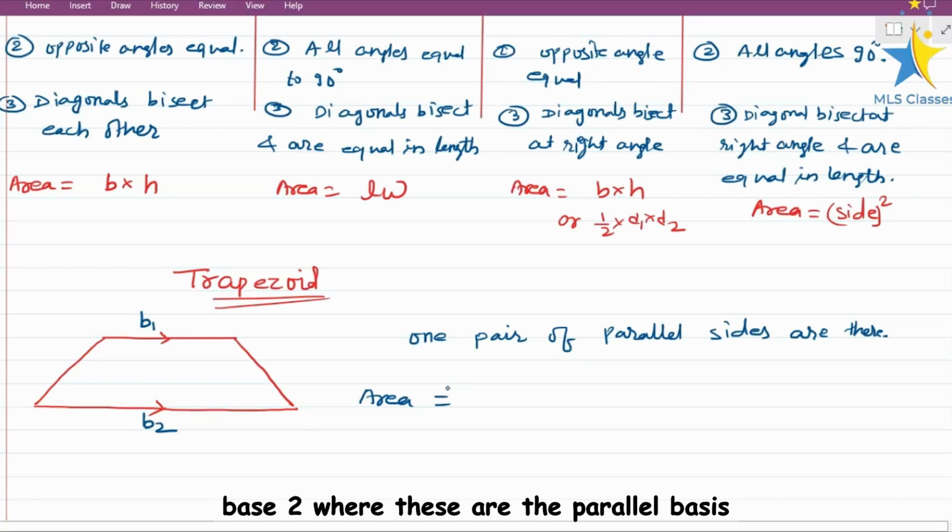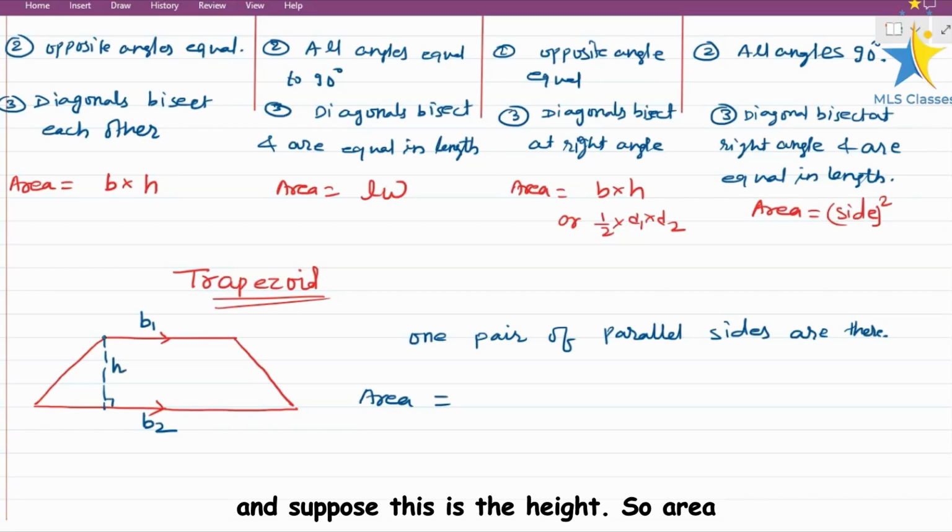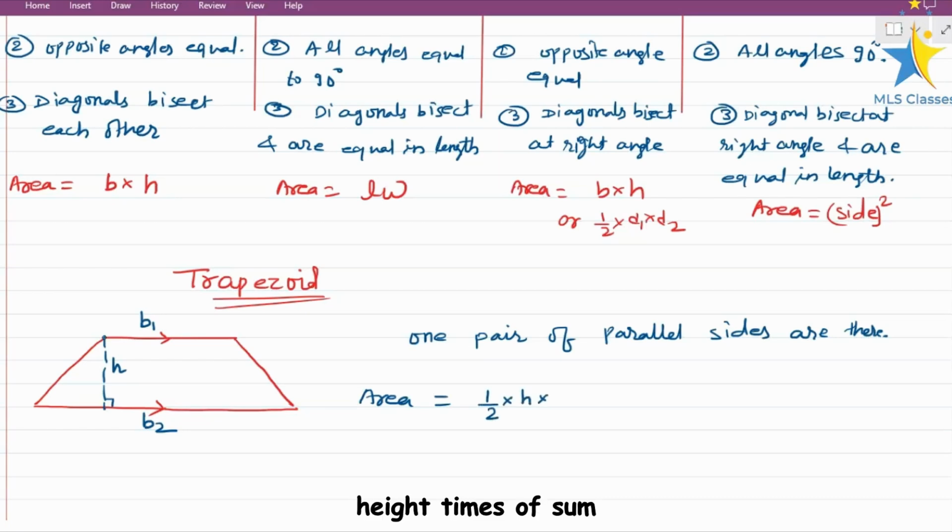These are the parallel bases, and this is the perpendicular from the base, suppose this is the height. So the area of a trapezoid is 1/2 times height times the sum of the parallel bases.